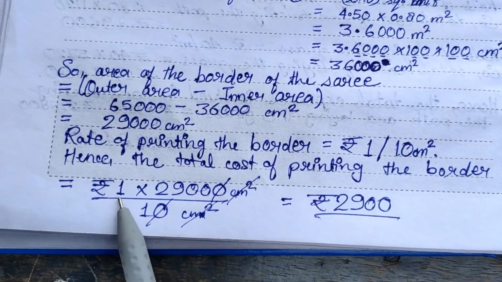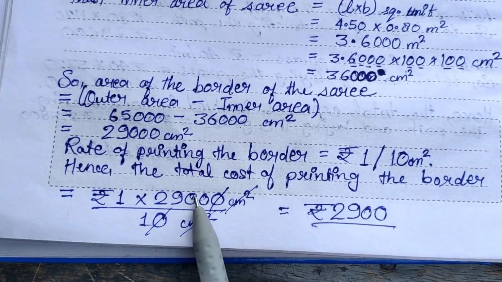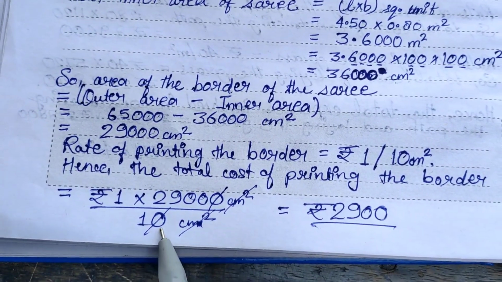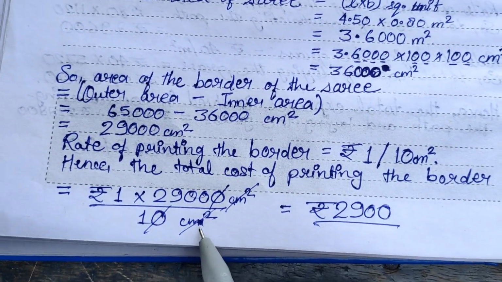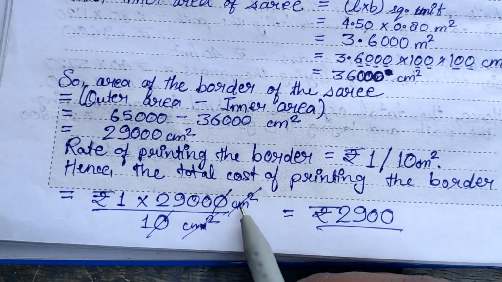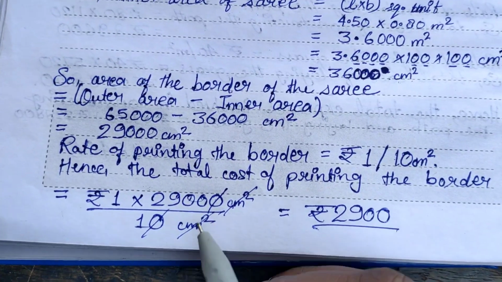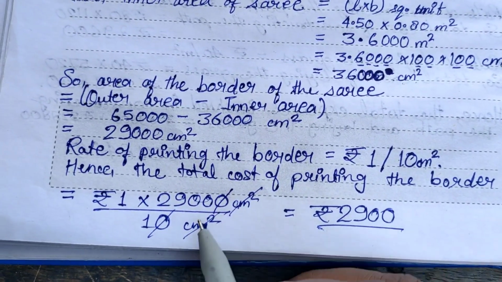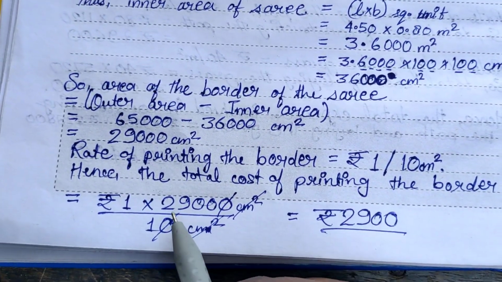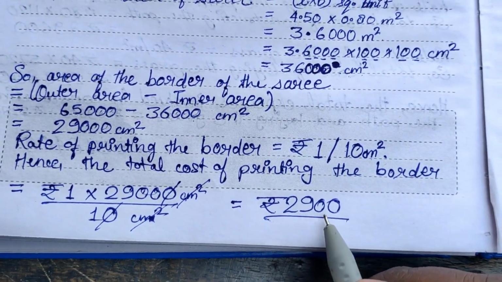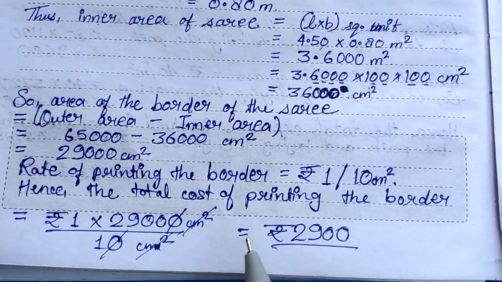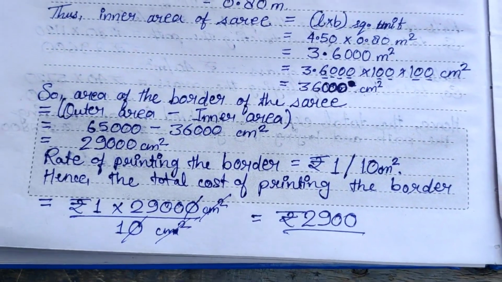Now rate is rupees 1 multiplied with area, but rate is per 10 centimeter square, that means you have to divide it by 10 centimeter square. So cut down the 10 centimeter square, and cut down the 10, we have 2900 multiplied by 1, that is rupees 2900 is the total cost of printing the border.